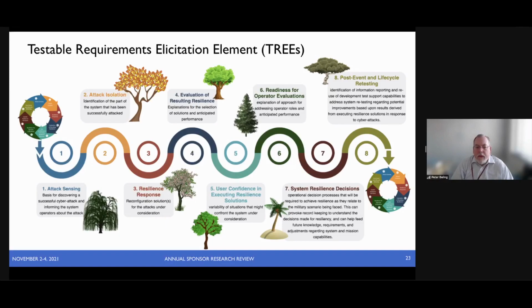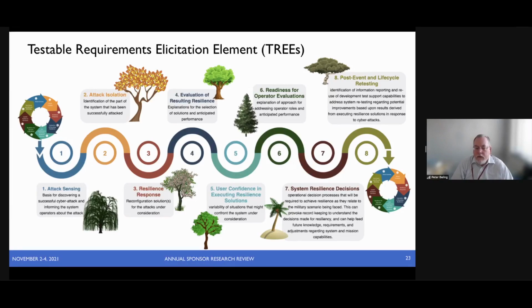So for example, trees 4 and 5 are kind of intertwined in the sense that what that's trying to get at is to what extent we can anticipate what a particular resilient response might give in terms of both impact on the attack and operational performance. So what information should the system provide, if we're getting at requirements, for projecting that?